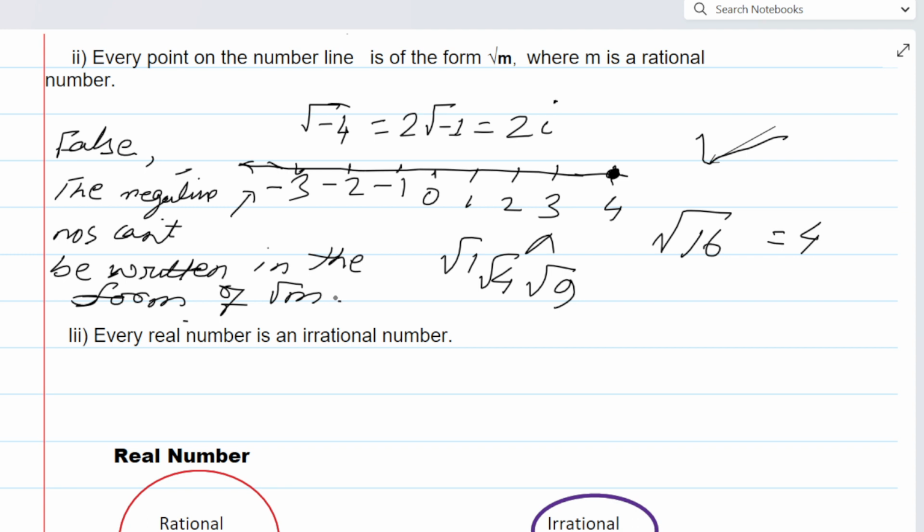So this is your answer. It is false because the negative numbers on this side, you cannot write in the form of root m. Is it clear? So let's go to question number 3.